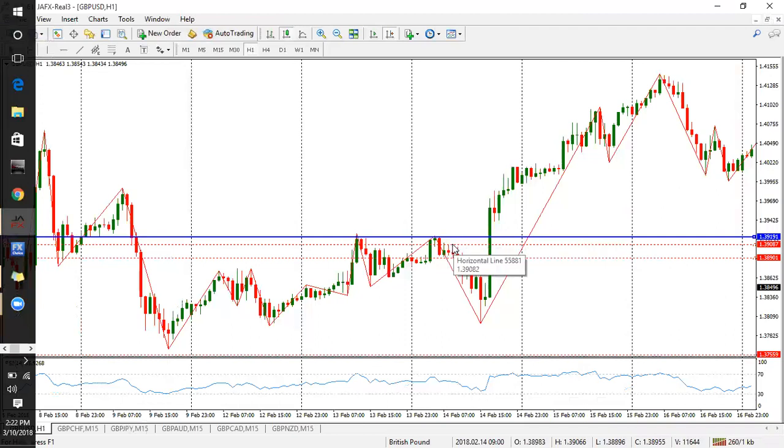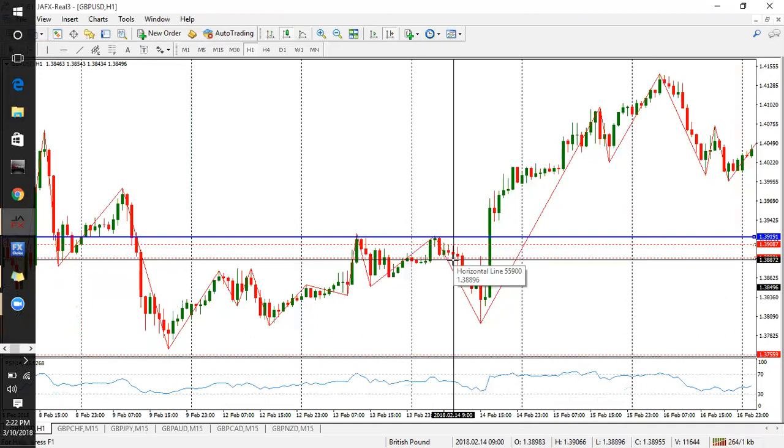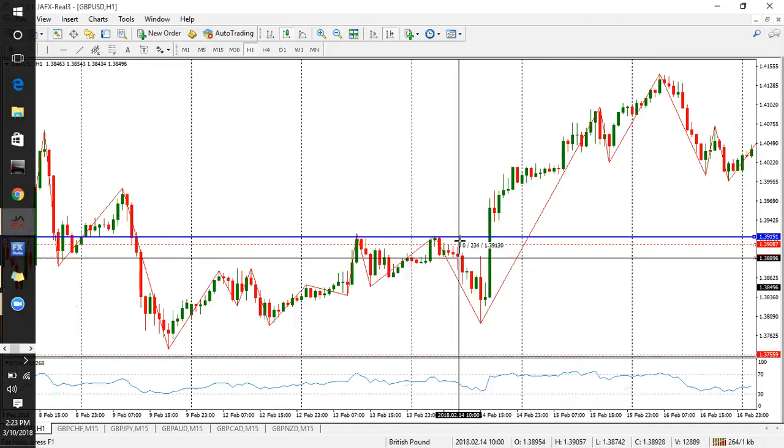You leave 10 pips above the high of the 9 a.m. candle. That will be your entry. Then the stop loss is going to be the exact low, the lowest point the market got to. Measuring from here to here would be 29 pips.